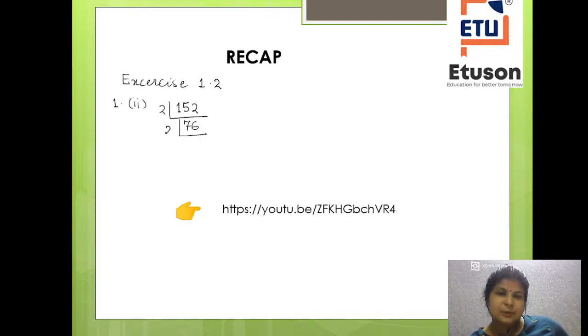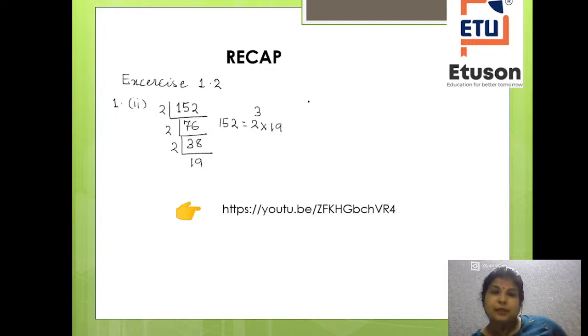Again it is divisible by 2, so you divide by 2, you will get 38. Again 38 is divisible by 2, so you divide by 2 and you will get 19. So 19 is a prime number, correct or not? So I will write 152 is equal to, there are three 2's, so 2 to the power 3 into 19. So it is bit 2 of your question number 1.